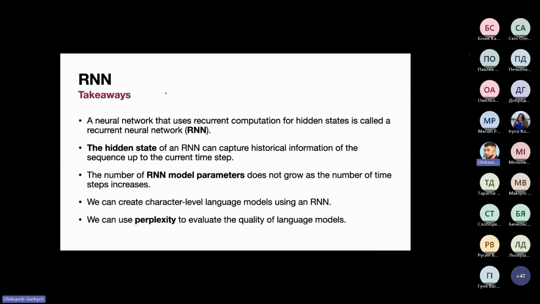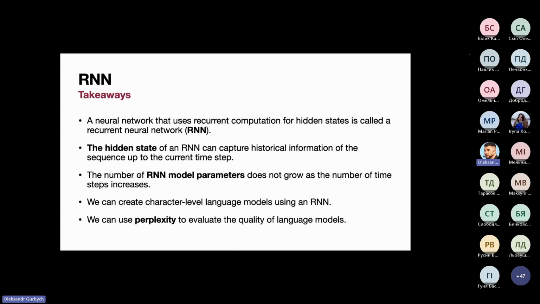Takeaways. A neural network that uses recurrent computation for hidden states is called a recurrent neural network. The hidden states of a recurrent neural network can capture historical information of the sequence up to the current time step. Your hidden state accumulates previous states, in other words. The number of RNN model parameters does not grow with the number of steps, because your network remains the same architecturally, your number of weights remains the same.